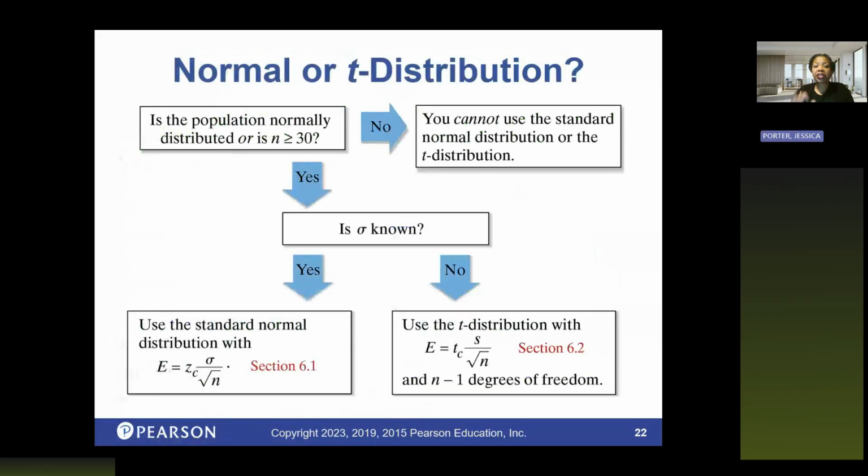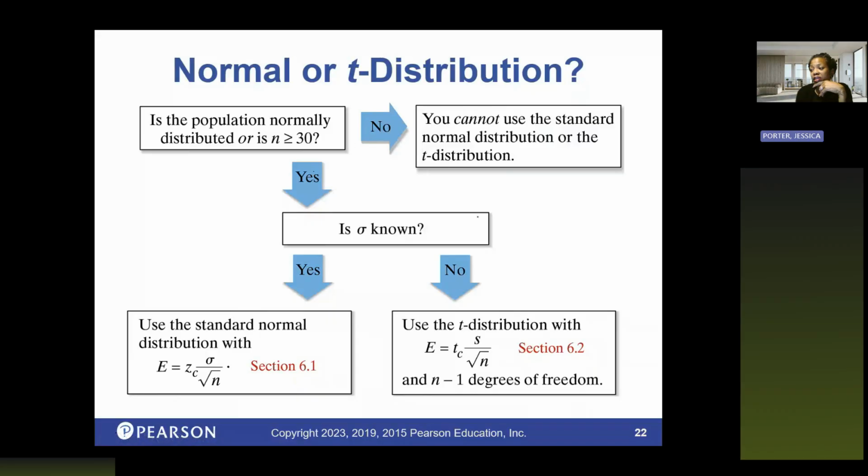Now, we want to distinguish between when we use the T and when we use the normal distribution, or the Z. First, we ask ourselves, is the population normally distributed, or is n greater than or equal to 30? If the answer is yes, then we ask ourselves, is the standard deviation of the population known?